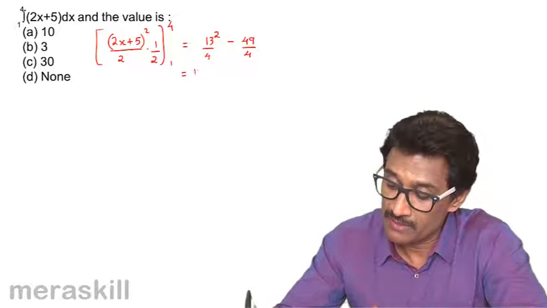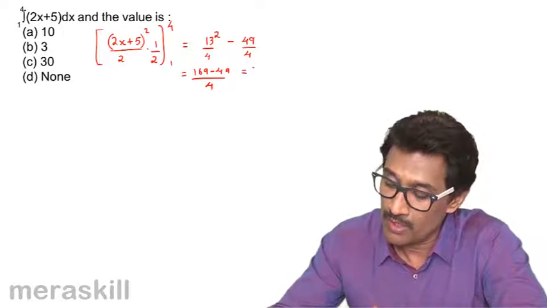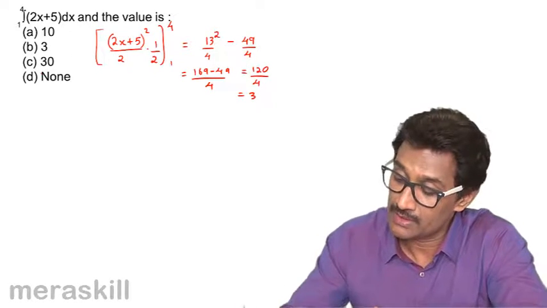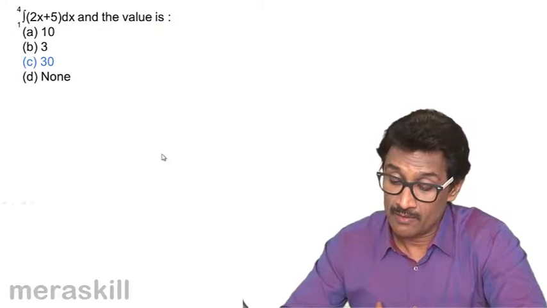So it's going to be 169 minus 49 by 4, 120 by 4, which is nothing but 30. It's going to be 30.